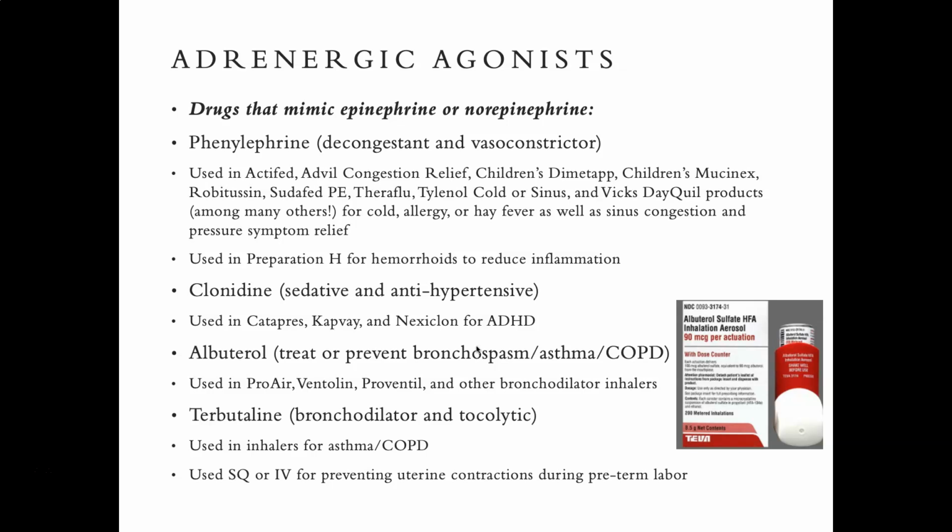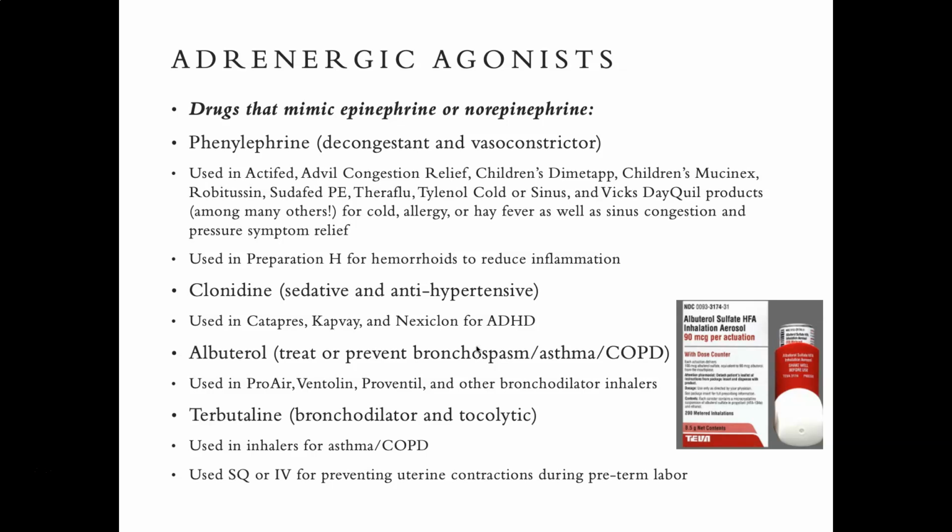Albuterol is a very, very common adrenergic agonist. It's used to treat or prevent bronchospasm, asthma, COPD. It's an inhaler. You see it in brand names like ProAir, Ventolin, Proventil, and other bronchodilator inhalers. And I've got a picture of an albuterol inhaler right there so you can see it. Another adrenergic agonist worthy of knowing is terbutaline.